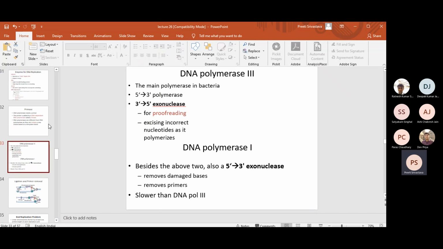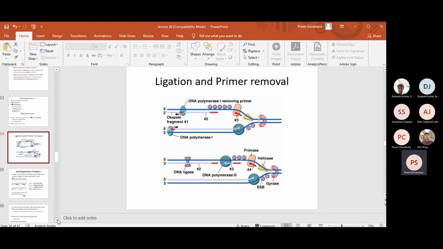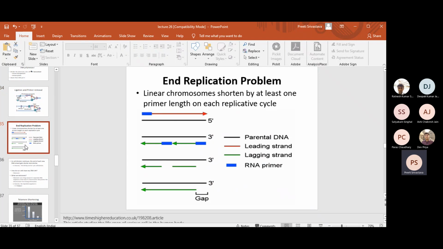If the process was clear from the video, this is how it shows that the DNA polymerase 1 removes the primer and ultimately the nicks are joined by DNA ligase. So if the process of replication is clear to you, I would like to move straight to the end replication problem, which I had told you that we will discuss when I was teaching you telomeres. You remember that?